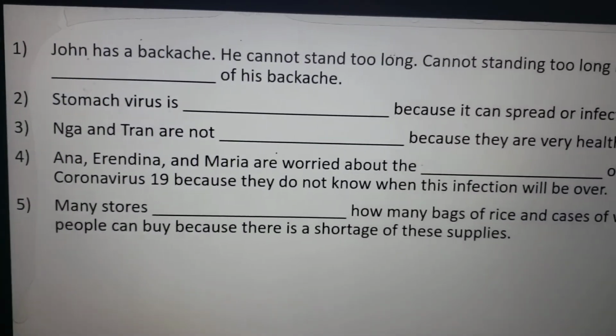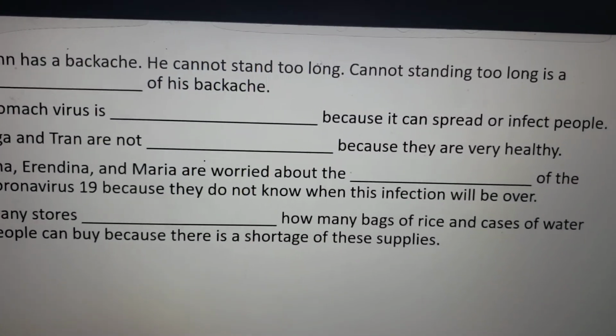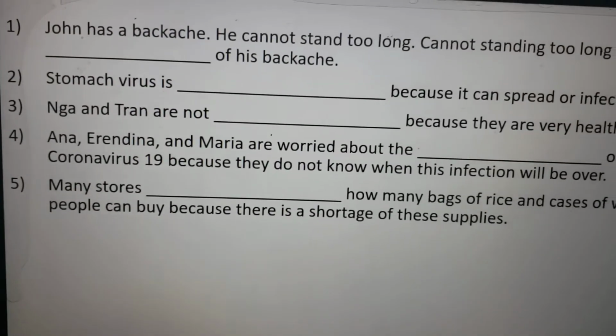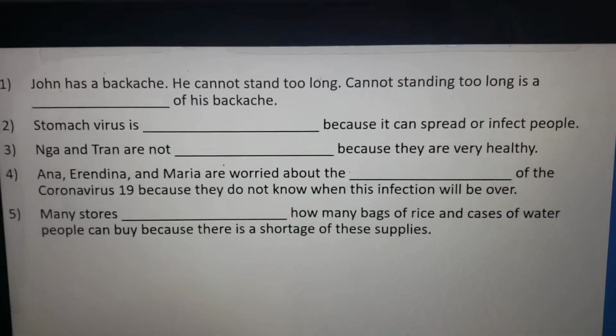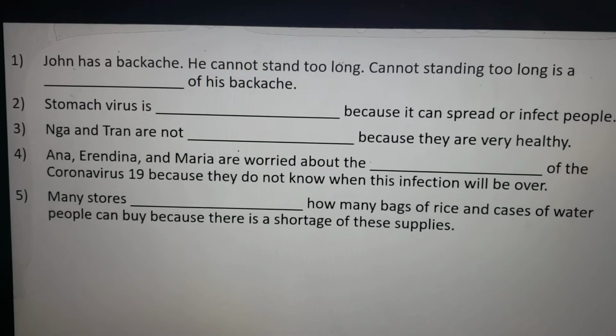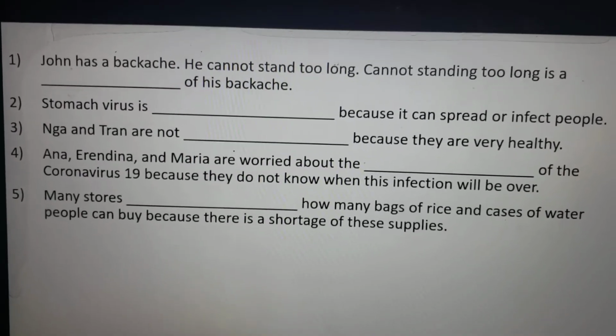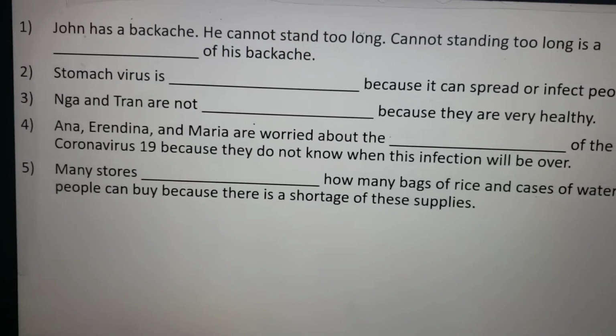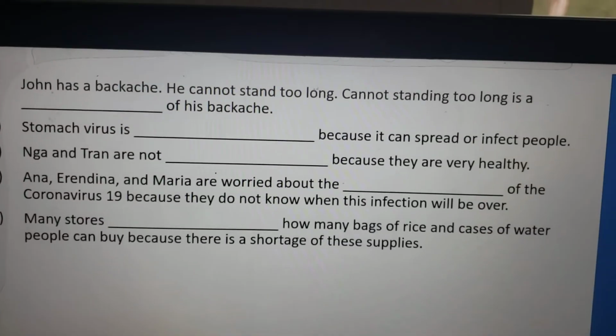Many stores blank how many bags of rice and cases of water people can buy because there is a shortage of these supplies.